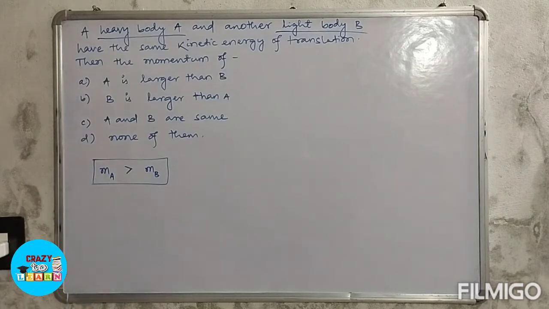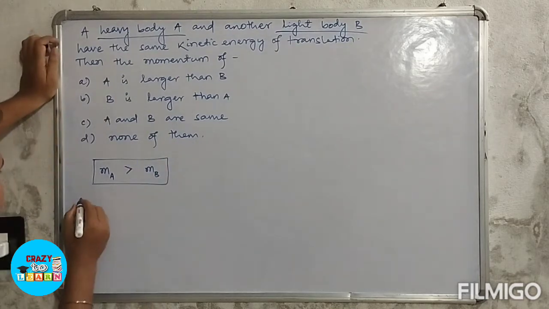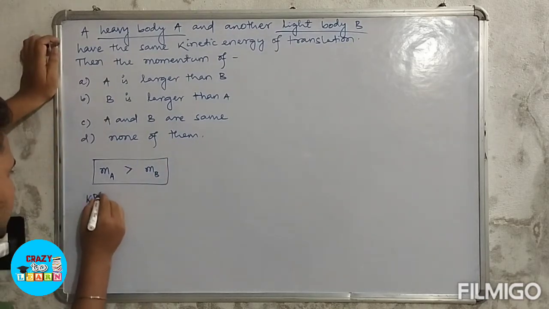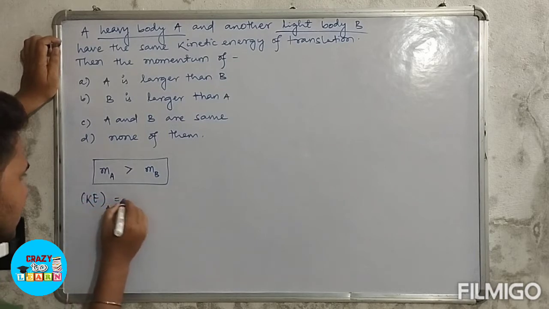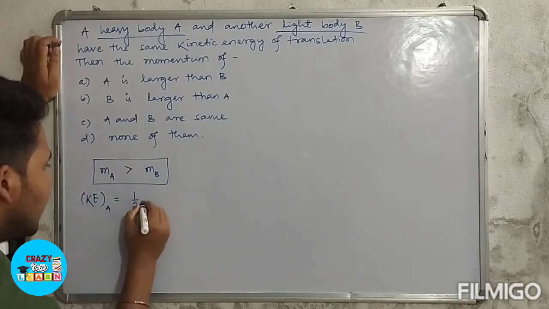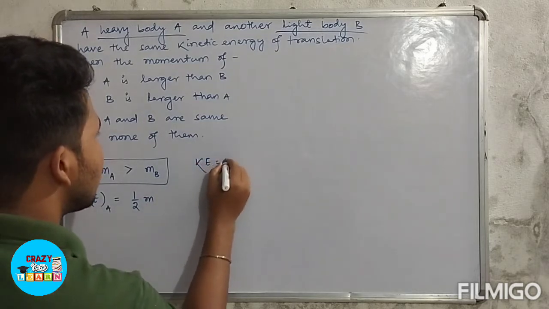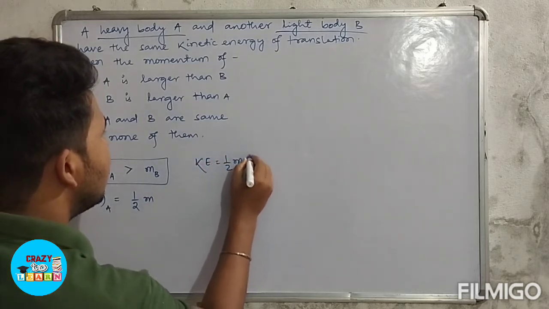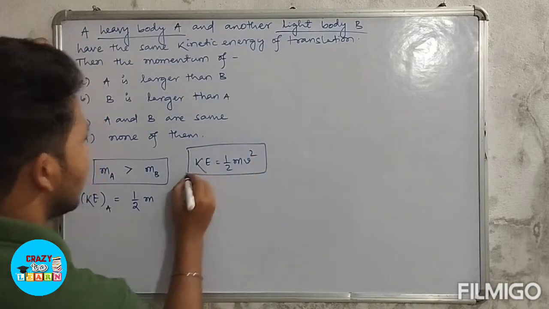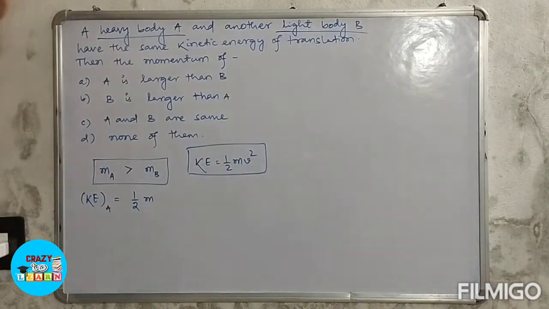Okay, both the bodies have the same kinetic energy. We know the formula of kinetic energy is half mv square.